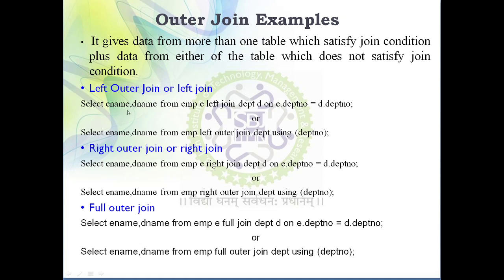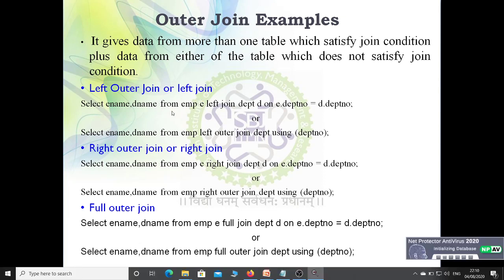But in my employee table there are a few employees who have not been assigned a particular department number, and in the department table I have one department to which no employee is assigned. So I need to display the employee name as well as the department name. Don't worry about this, I will explain when we understand this query using live SQL. Here just understand the example, then we'll see the demonstration.